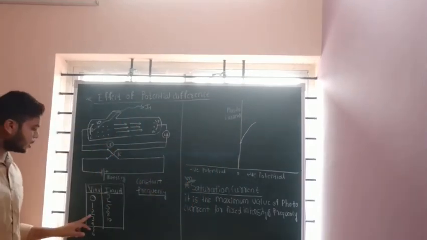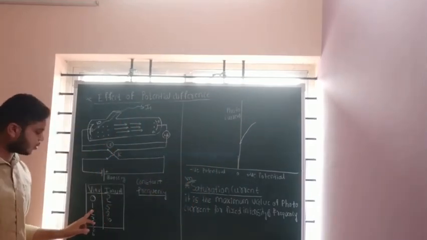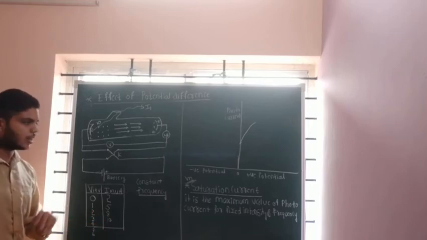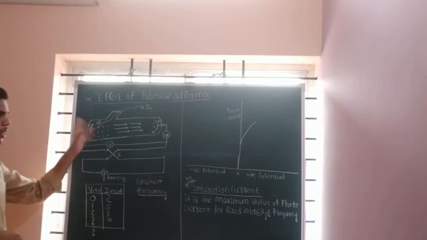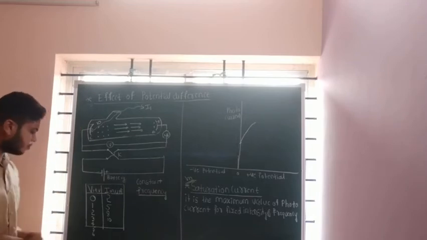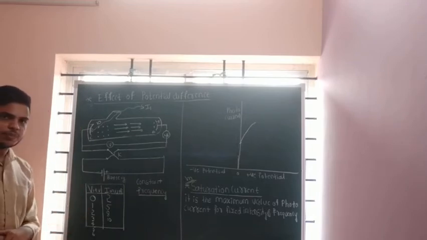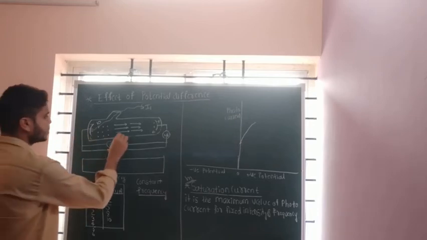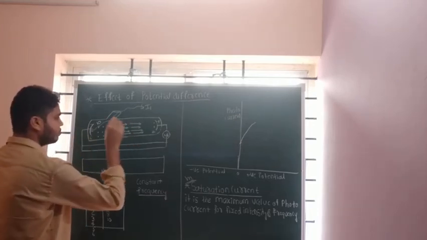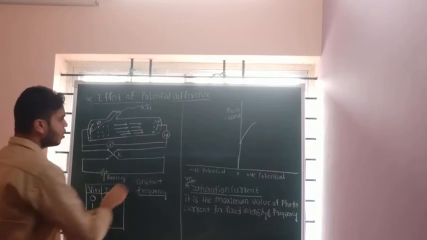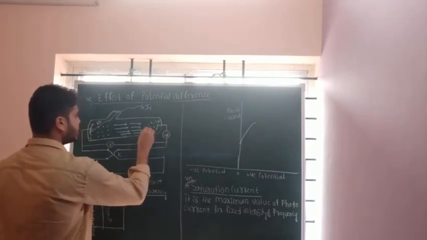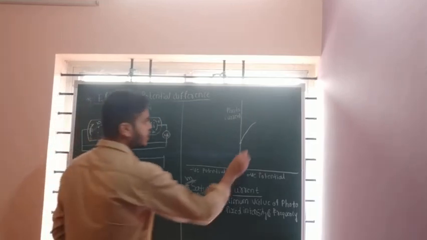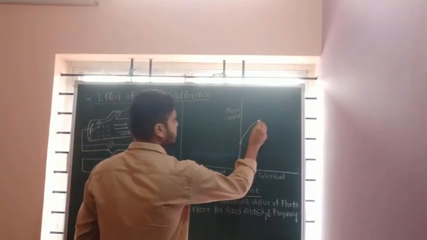For 2 volt potential difference, 8 microampere current is observed. Now only 2 electrons remain at the emitter. Again I increase the potential difference to 3 volt. The remaining 2 electrons reach the collector. Now all the 10 electrons are reaching the collector plate. Therefore, we get the maximum current.